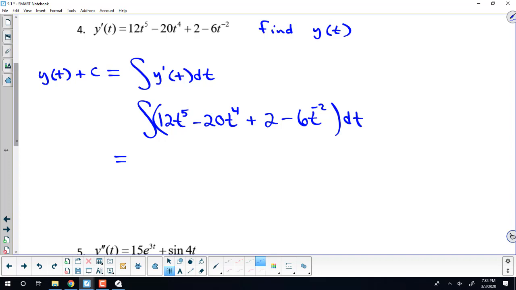So we have, sorry, not 6, that's the power. 2t to the 6th minus 4t to the 5th plus 2t plus 6t to the negative 1 plus c.